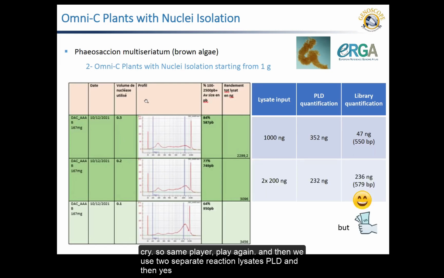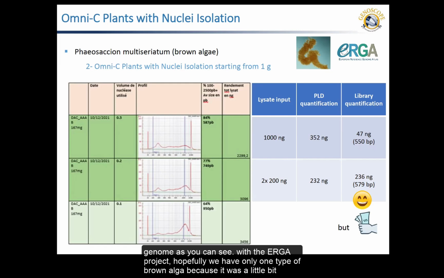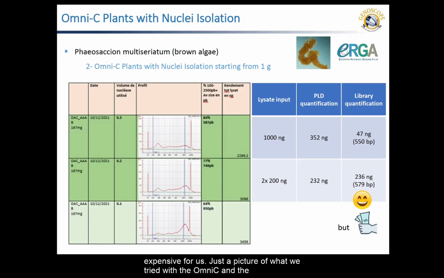And then we use two separate reaction lysates, and then yes, we got it. 200 nanograms for the library, so we were happy, but it's a very expensive genome, as you can see. So with the RECA project, hopefully we have only one type of brown alga, because it was a little bit expensive for us.